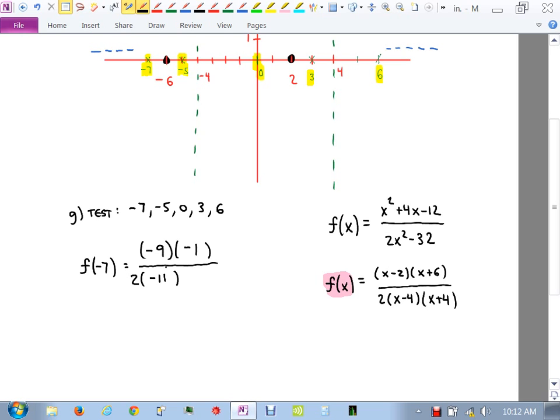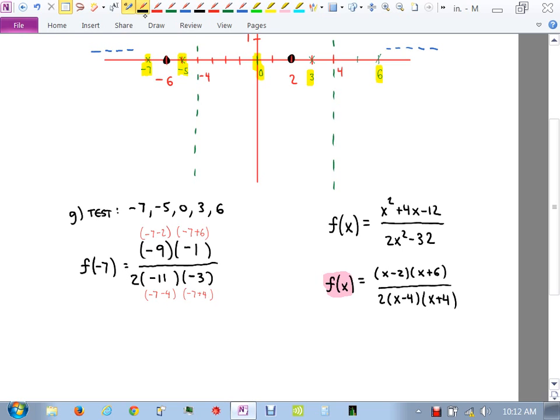And then -7 plus 4 is -3. Is that all right? I feel like I lost a bunch of you there. This one was -7 minus 2. This was -7 plus 6. This was negative 7 minus 4. And this was negative 7 plus 4. Everyone see where those numbers come from?